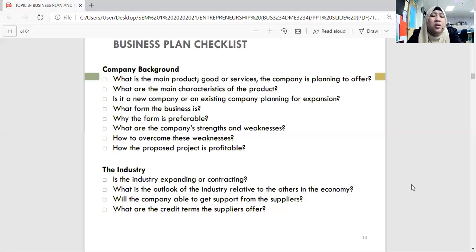And then the industry: is the industry expanding or contracting? If the industry is giving some potential in the future, you have to mention it wisely. And then what is the outlook of the industry relative to the others in the economy. If you remember the first part that I mentioned just now, when we're talking about the outlook of the industry relative to the economy, my concern is, let's say you go for an idea after post COVID-19, what is actually the relevant industry and business after post COVID-19.